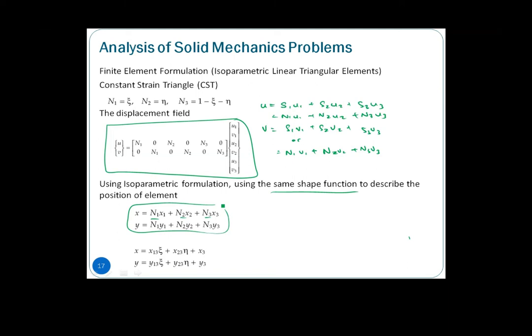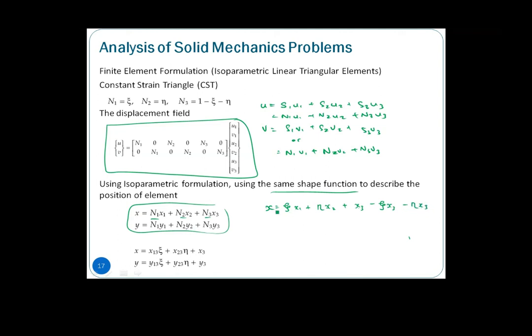Because our N3 is 1 minus psi minus eta, now x equals psi x1 plus eta x2 plus x3 minus psi x3 minus eta x3.